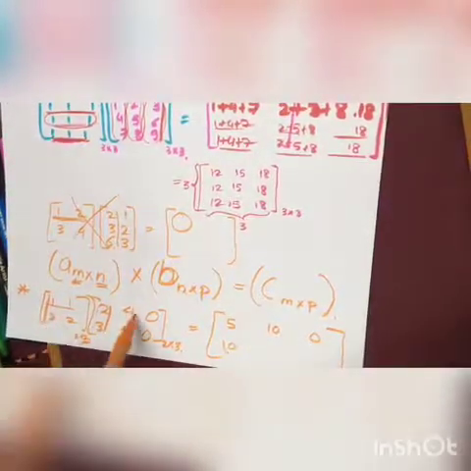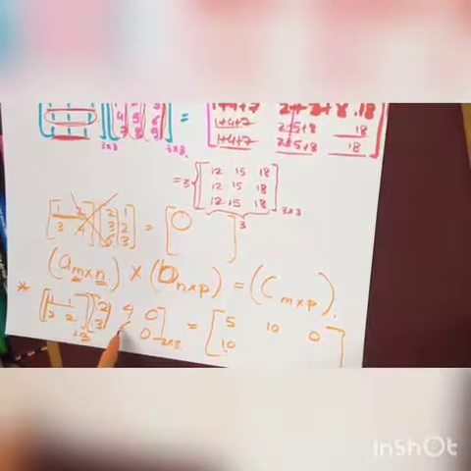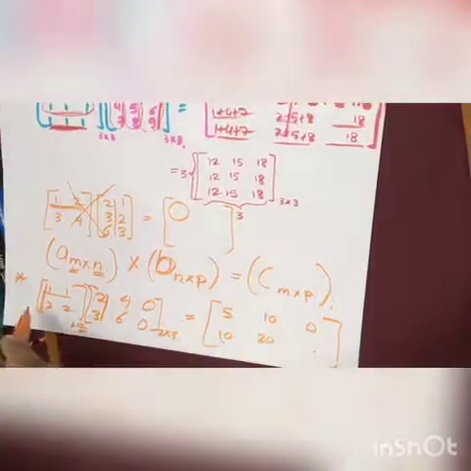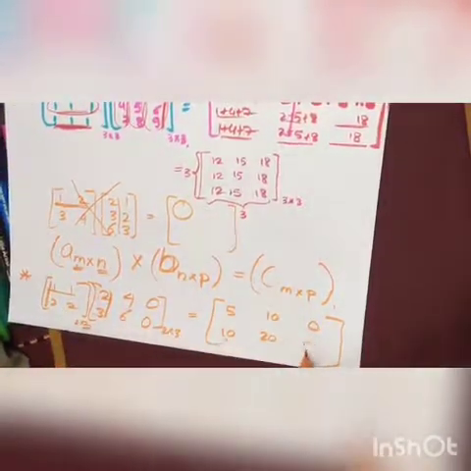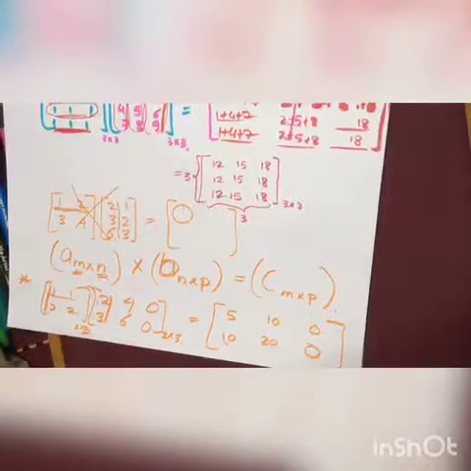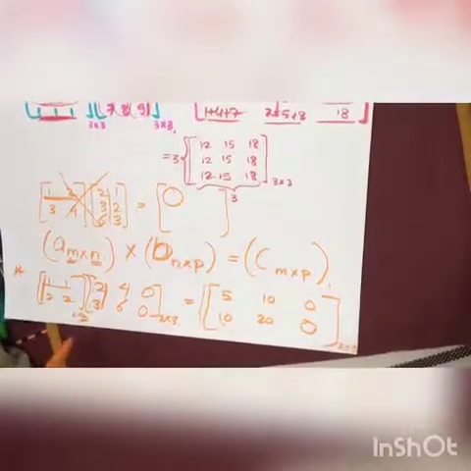And here we are going to have 2 into 4 plus 2 into 6, which is 20. And here, 2 into 0 plus 2 into 0, which is 0. So this gives us a 2 cross 3 matrix because it has 2 rows and 3 columns.